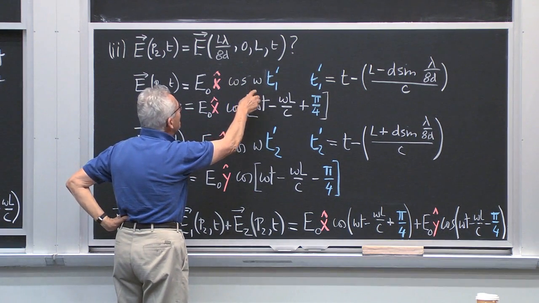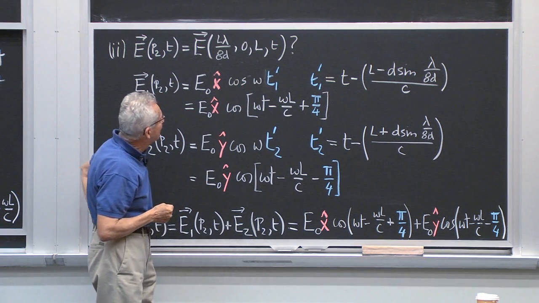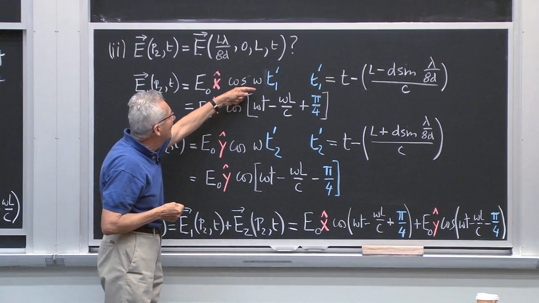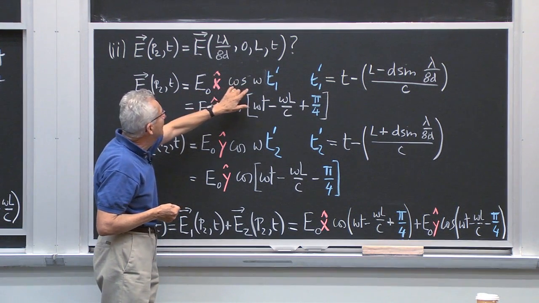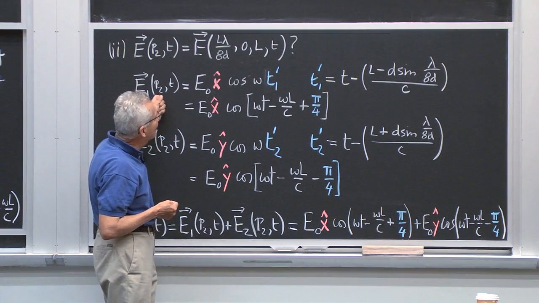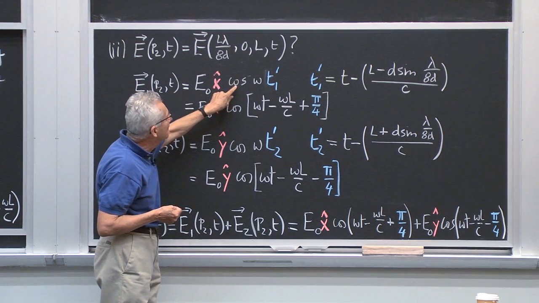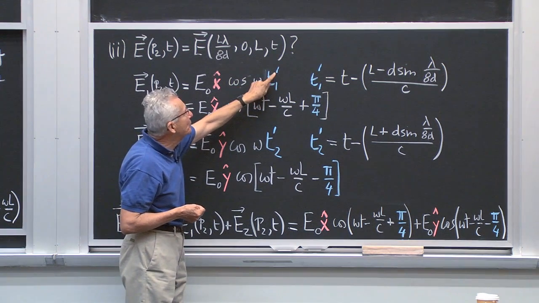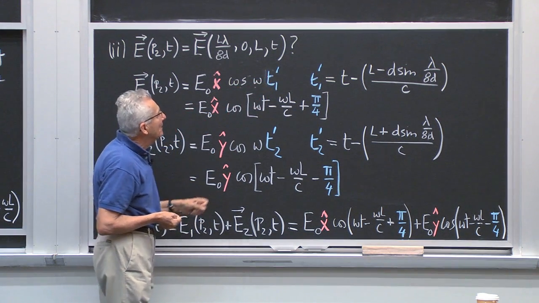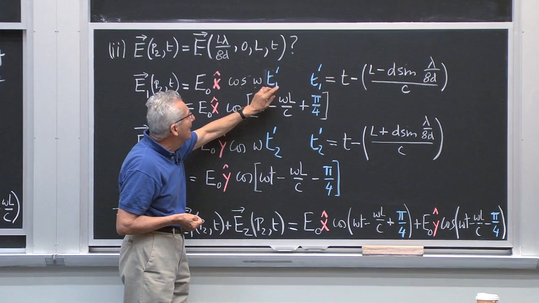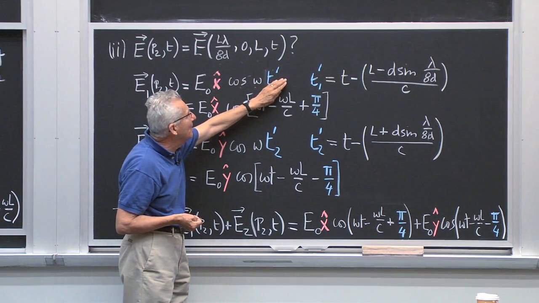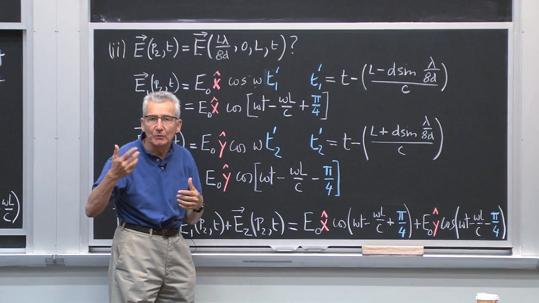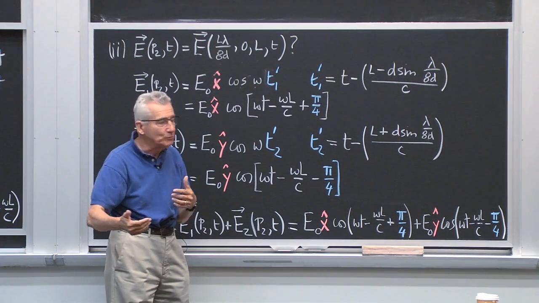And we know that the description of the electric field will be given by cosine omega T1 prime, where so far I've always talked about T prime because I only had one charge.